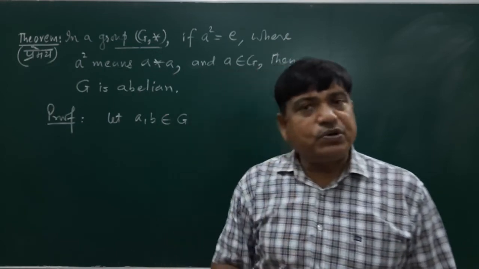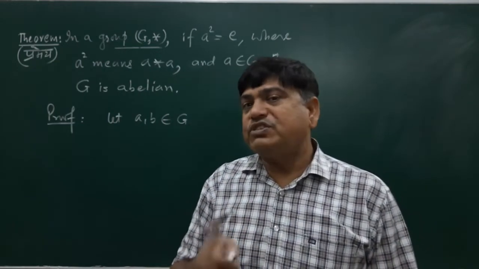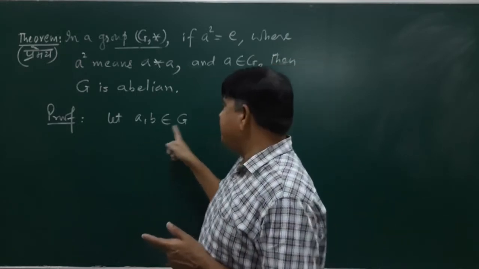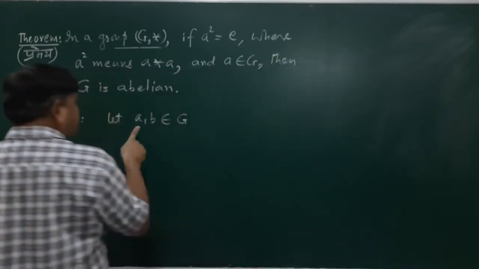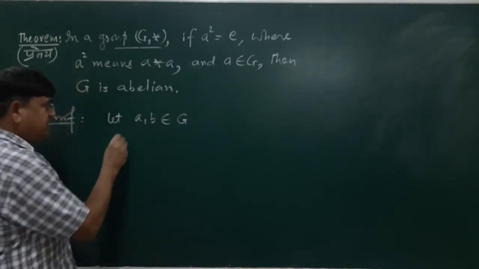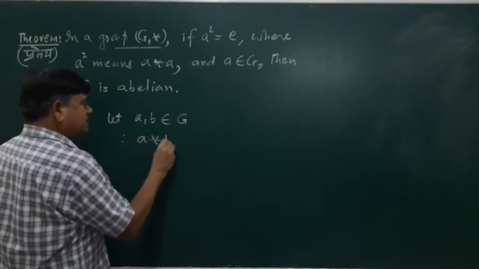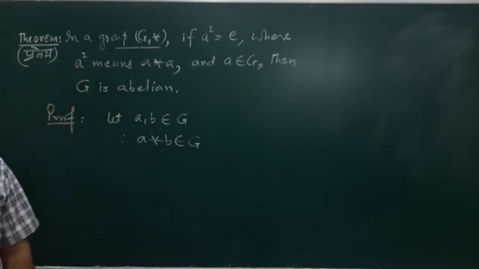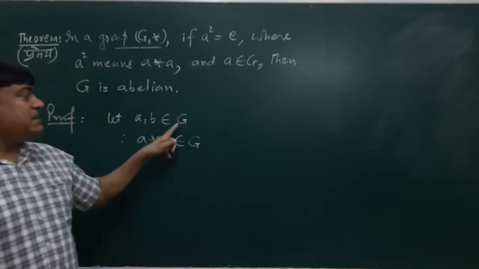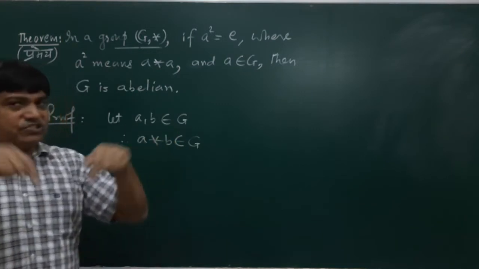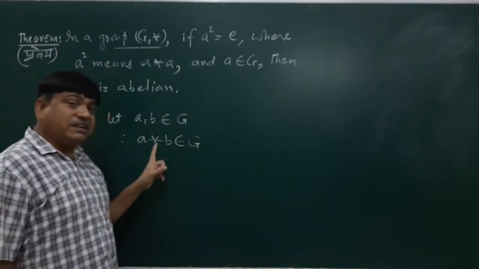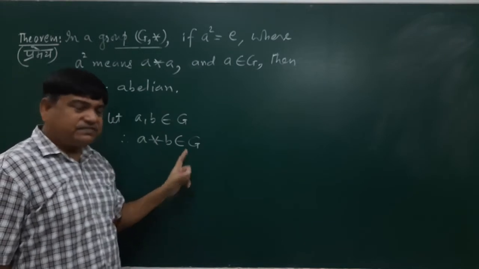So we will show A asterisk B equals B asterisk A. So I took any two elements, that is A, B belongs to G. Therefore, these two elements are in G. Therefore, their composition is also in G, because this is the binary composition in G by definition.